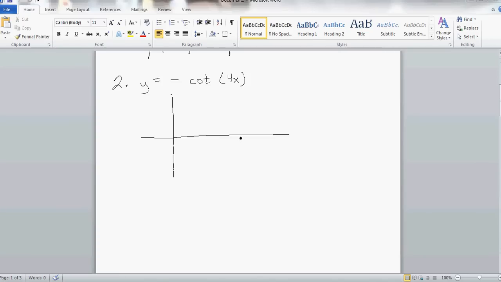Now, the 4, a normal period for cotangent is pi. And so, whereas last video we dealt with 2 pi over omega, what we're going to deal with now is pi over omega. And so every period is going to be every pi over 4.